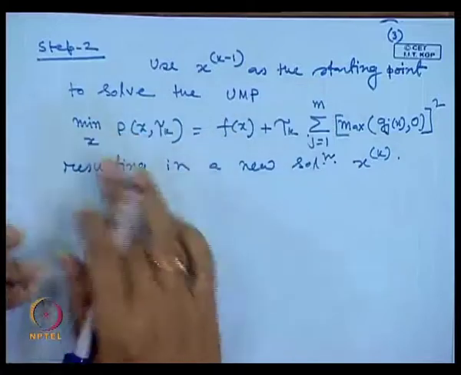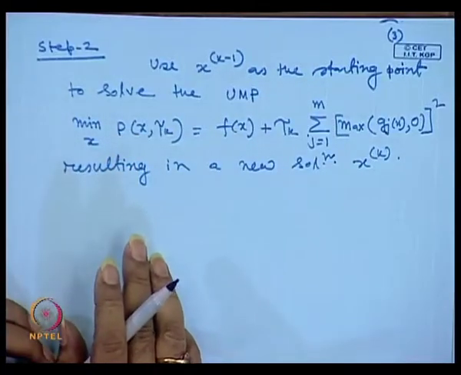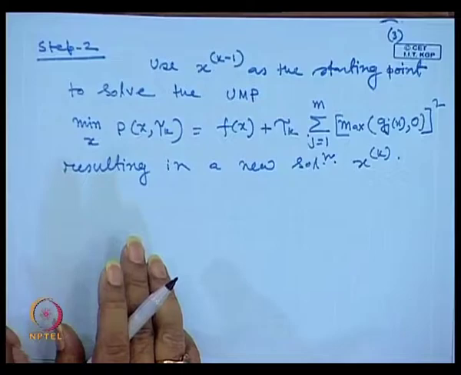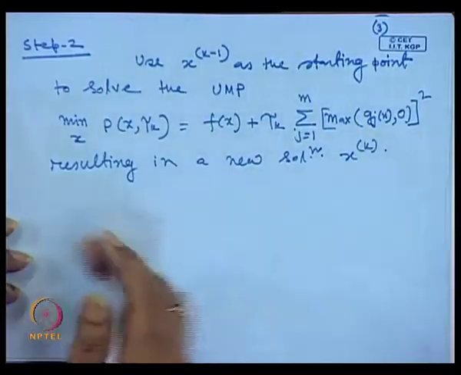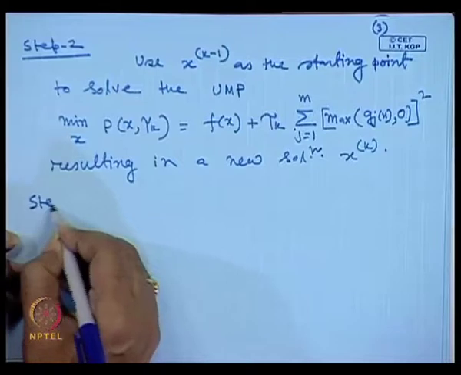Now, how will you solve this? There are different ways. We have already discussed in our earlier lecture that if you have a nonlinear problem with constraints, one can convert it into an unconstrained optimization problem. Then you can solve it by using the steepest descent method, Newton's method, modified Newton's method, and the conjugate gradient method. These different techniques can solve these problems.